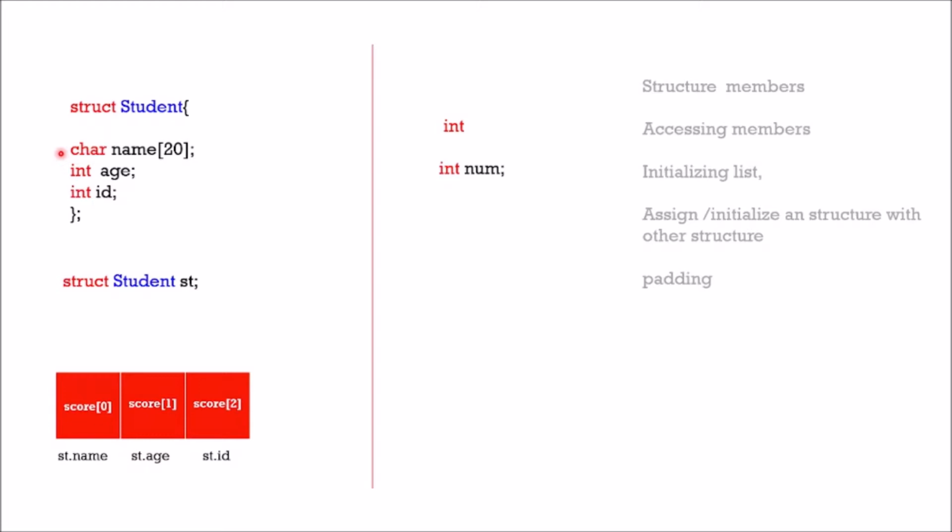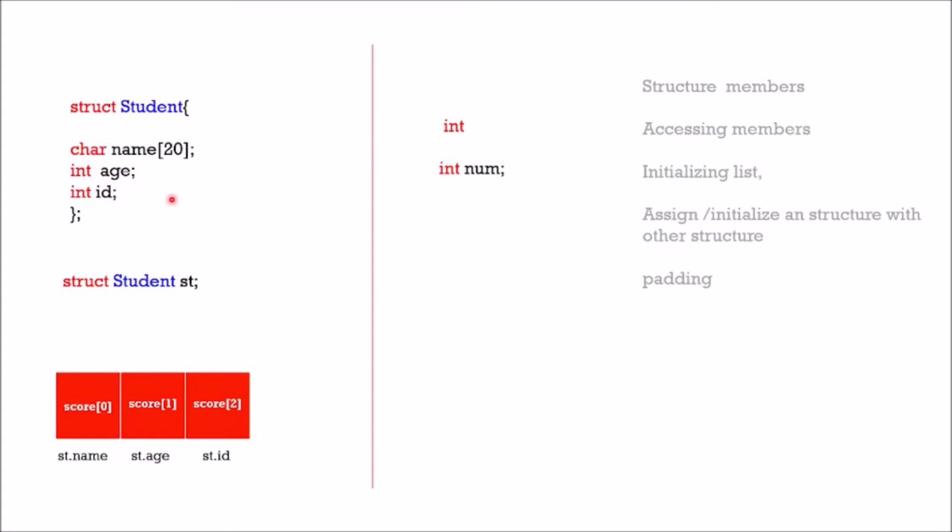So for this purpose we have the name, which is an array of characters, the age as an integer, and the ID as an integer also. So as you can see, it's one logical unit of information, but it has several data that we want to associate with this variable.